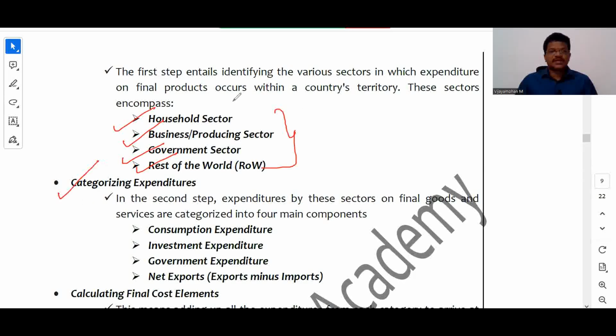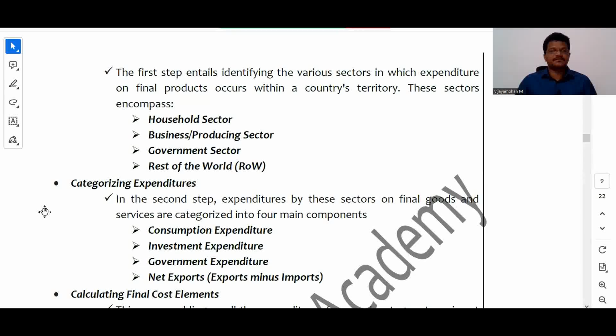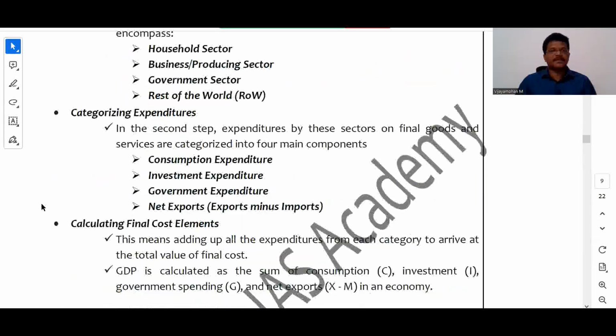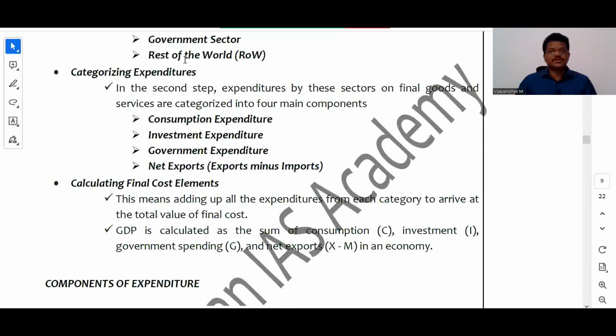Then you need to categorize the expenditures. ఆ expenditure components ని you need to categorize into, yeah. In the second step, you need to categorize the expenditures by these sectors on final goods and services.